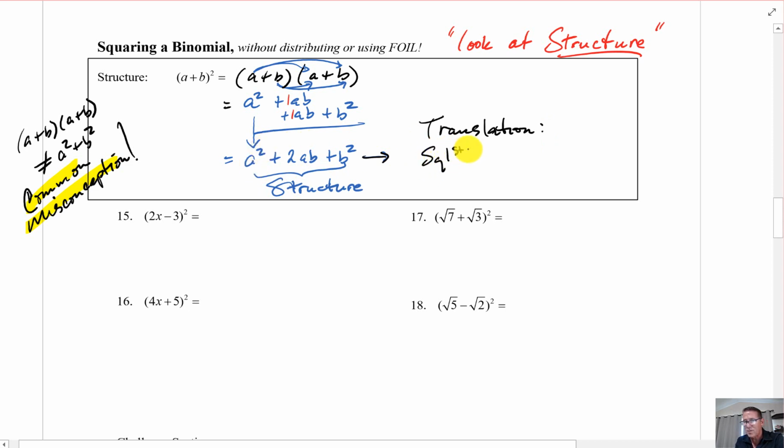So square first. 2ab means a times b, so you multiply a times b and then you double it. So you multiply and double. Double means times 2, right? And then you take the last term b and you square it. So square last.